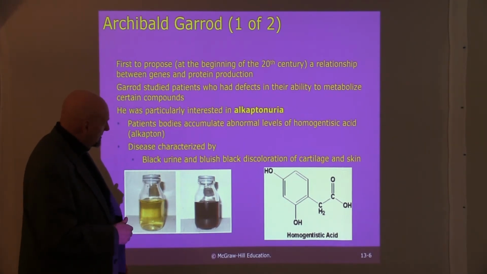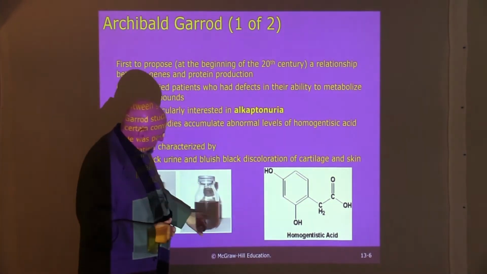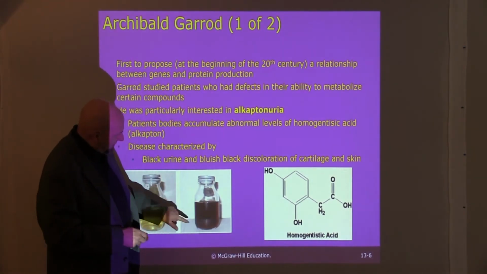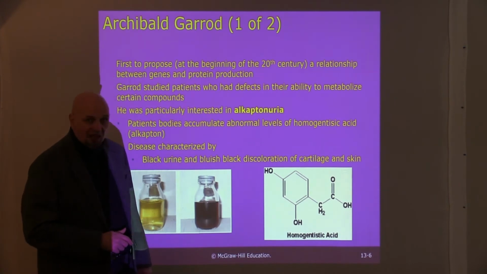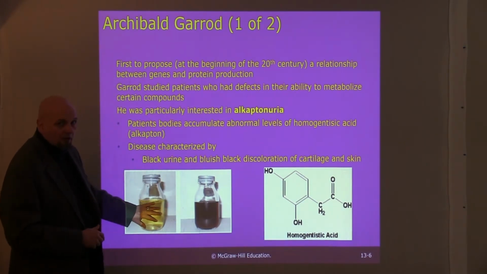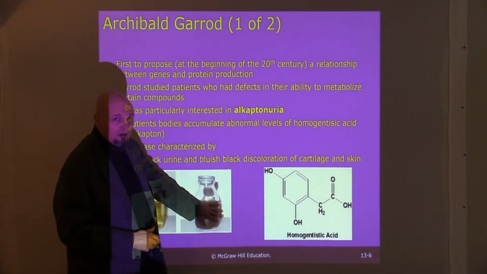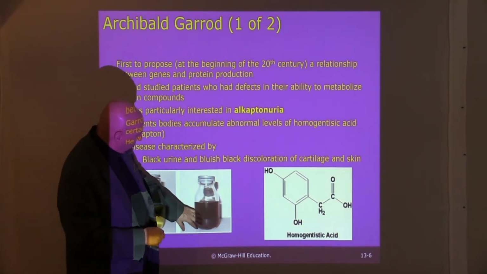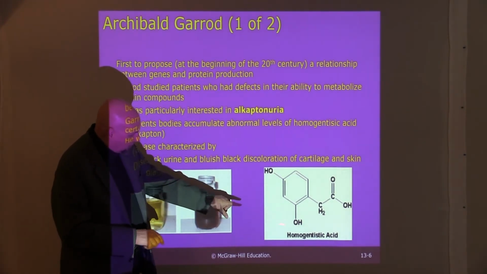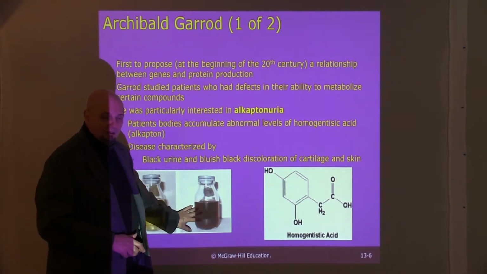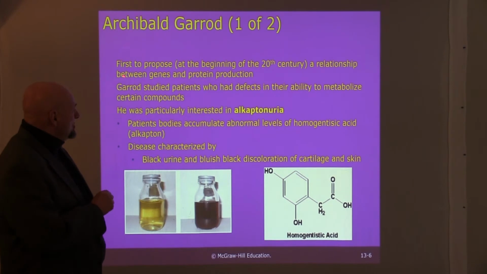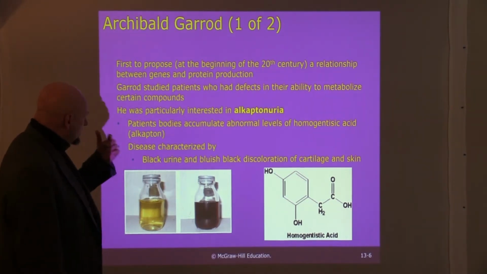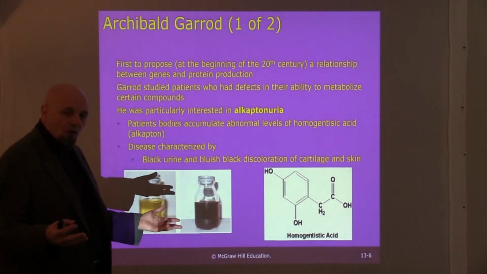One thing he did figure out is that this urine had a high amount of a compound called homogentisic acid, which was not found in normal urine. Something was going on to bring this about, because as soon as this urine with homogentisic acid was exposed to air, it turned black. So he studied these patients that had defects in this, and it's obvious that something was going wrong with their metabolism.